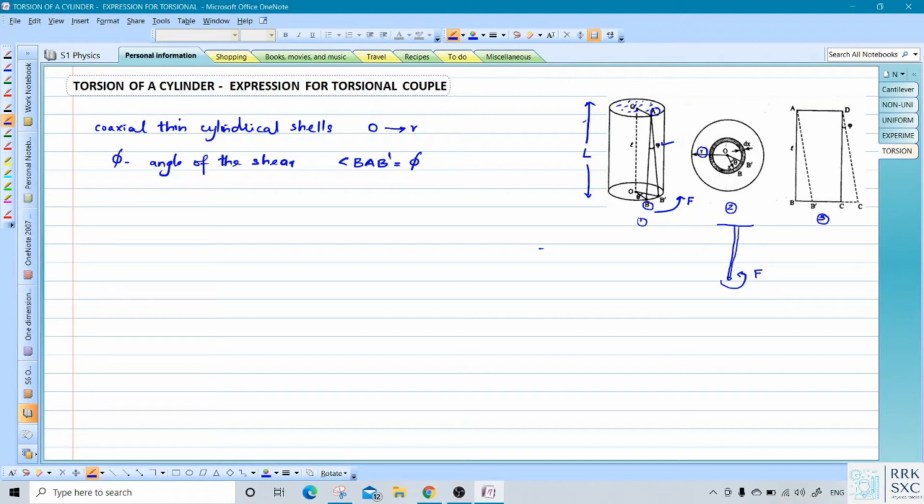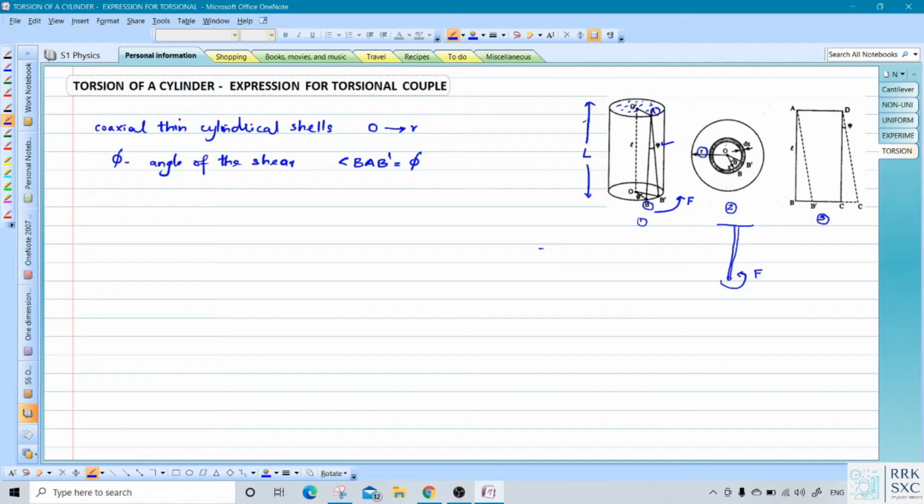The implication of the third figure is, if you have a cylinder, you cut the cylinder along AB, and if you spread that out, you will get the shape of a rectangle, and that is shown here.